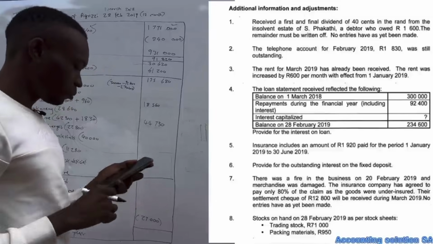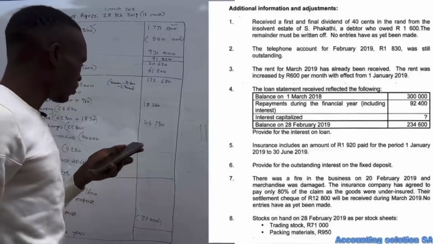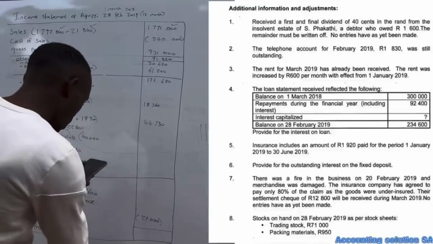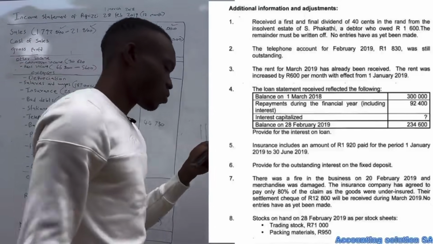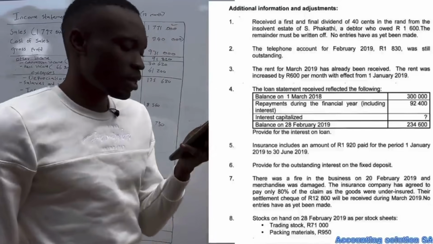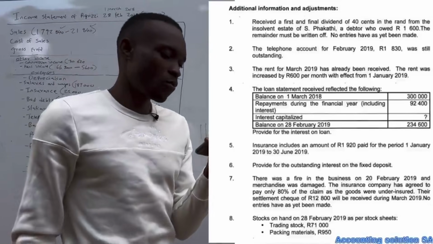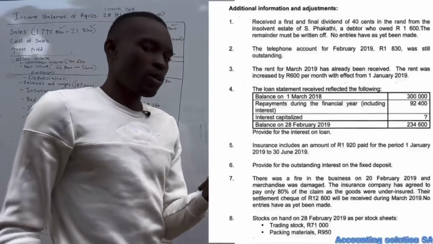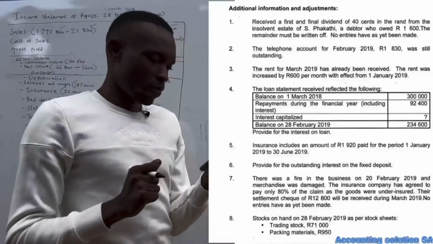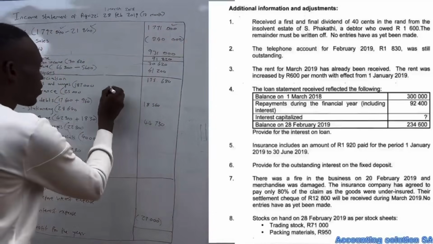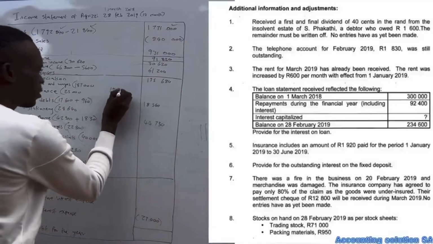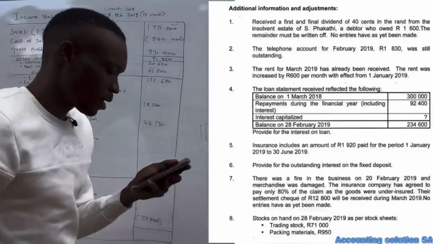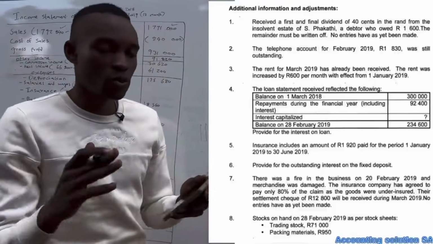Okay, then the next one, insurance included. Insurance includes an amount of 1,920 paid for the period of 1 January 2019 to 30 June. Okay, they said inside the insurance amount there was a portion of 1,920, which was paid for the period of January up to June 2019.